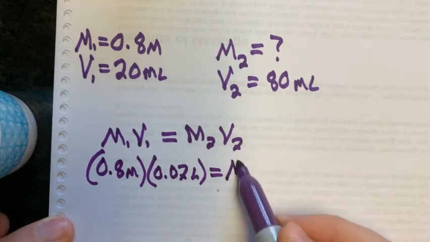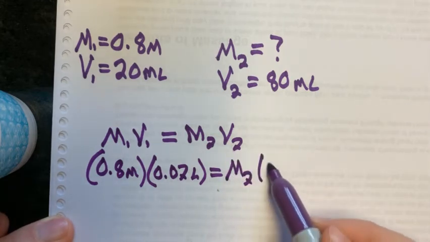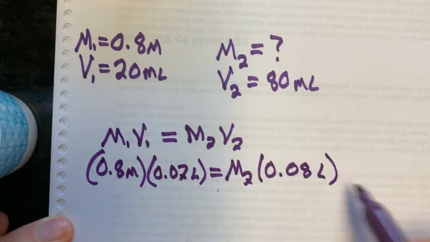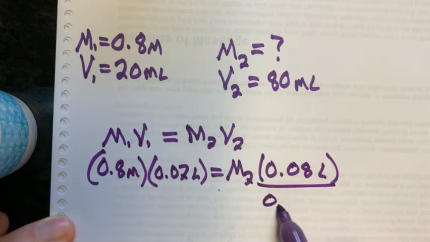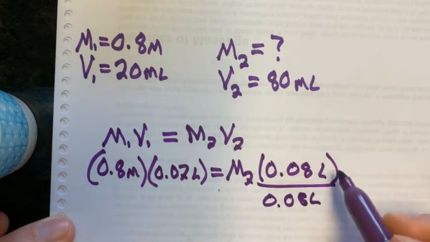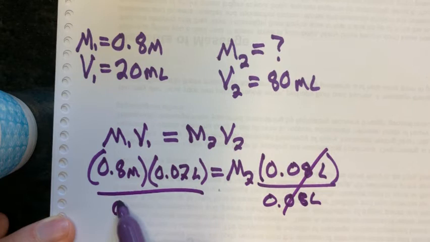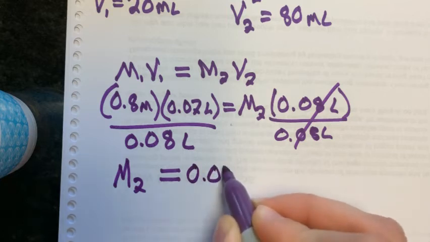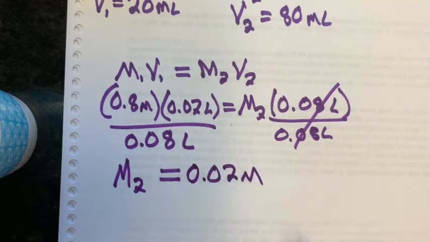We want to find out the molarity, and we know that we diluted it up to 0.08 liters. Divide both sides by 0.08 liters. And we get 0.2 molar solution.